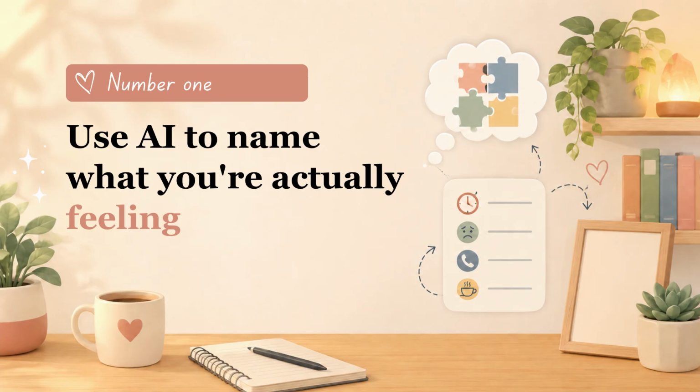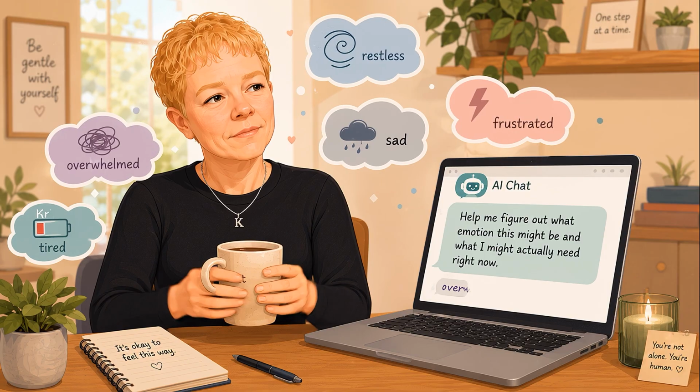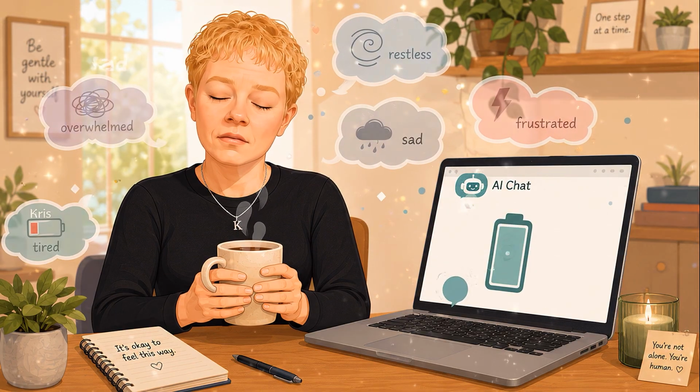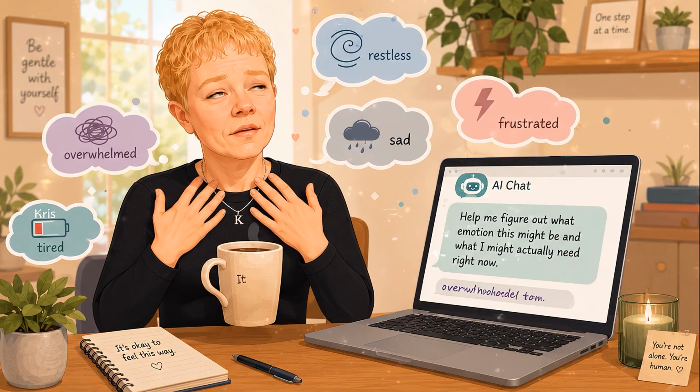Number 1, use AI to name what you're actually feeling. You know those days where you just feel off? Can't really explain it. You're not sad exactly, and you're not angry. You're just something. And you can't figure out what.